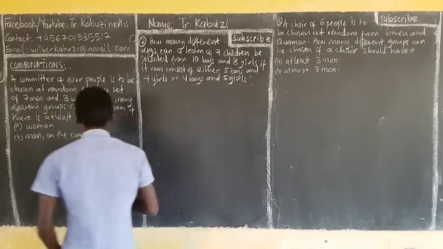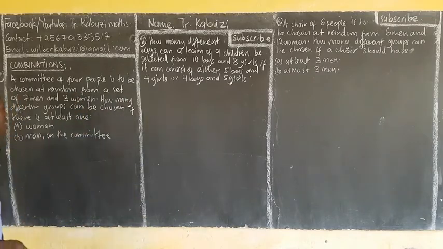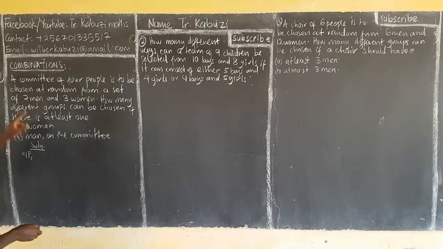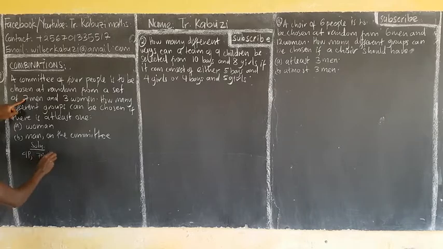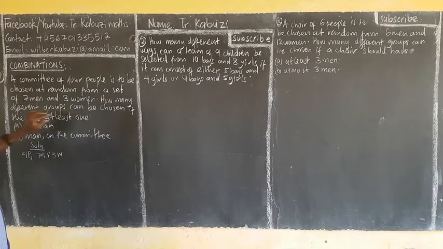Now, start by summarizing the question. We are going to form a committee of 4 people, choosing them from 7 men and 3 women. How many different groups can be chosen if there is at least 1 woman?